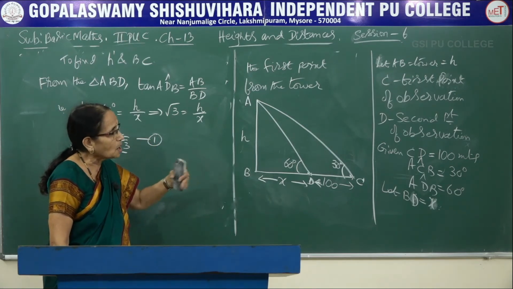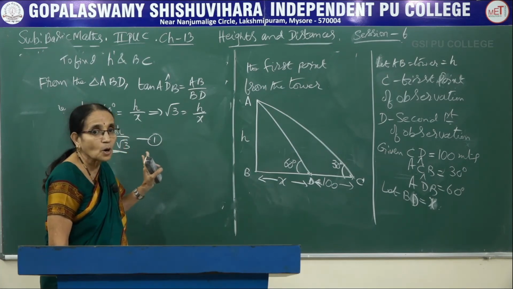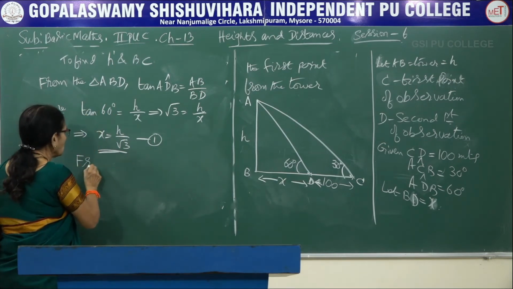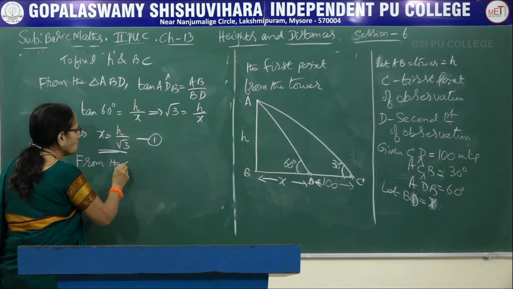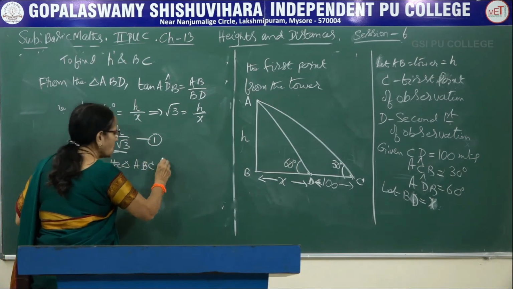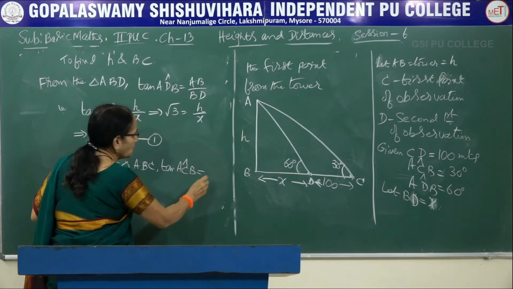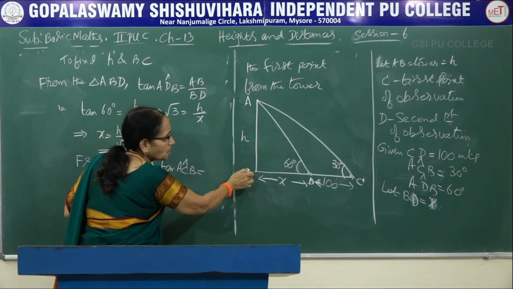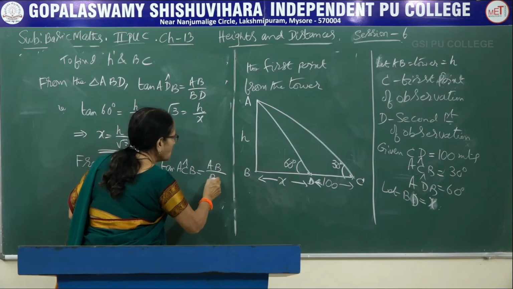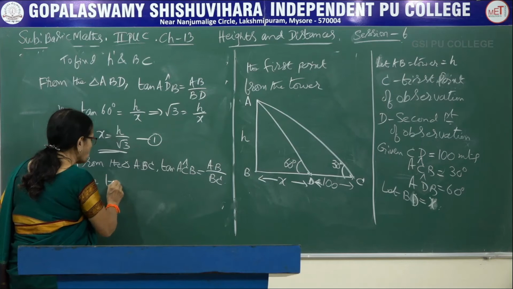See, in almost all the previous problems, we had eliminated x. Here we have to find the value of x also. Now, let me come to the other triangle. From the triangle ABC, consider again tan of ACB. Here opposite is AB, adjacent is BC, AB divided by BC. But BC is split into two parts here.